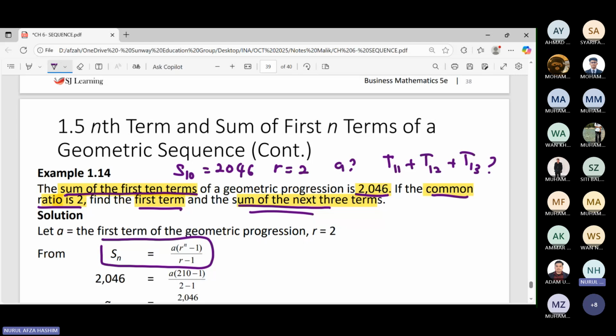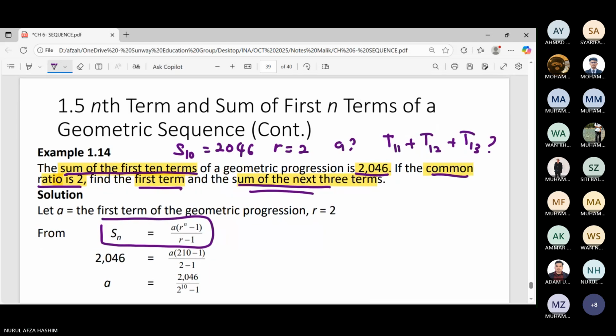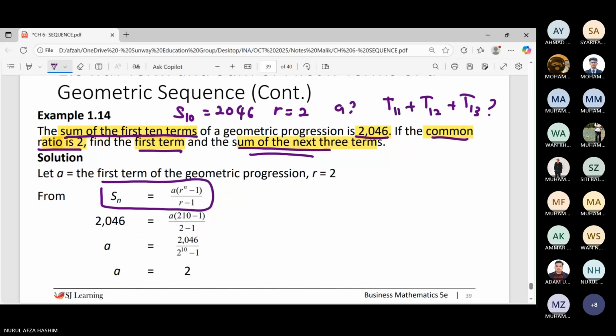So R power of 10 minus 1. How you get it is, here is 2 power of 10 minus 1 divided by 2 minus 1. That should be like that.